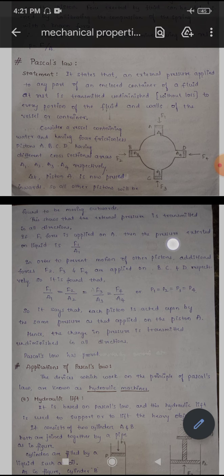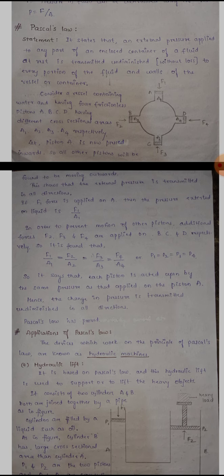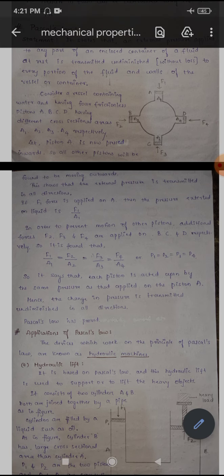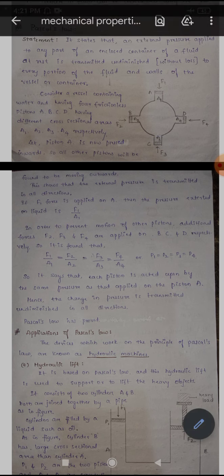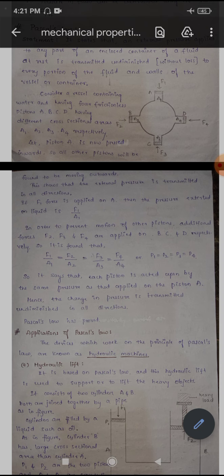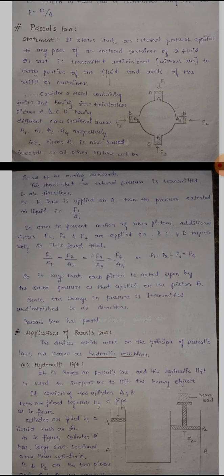When the force is applied in the inward direction of the container, because of this inward force, the B, C, D pistons will start to move in the outward direction.